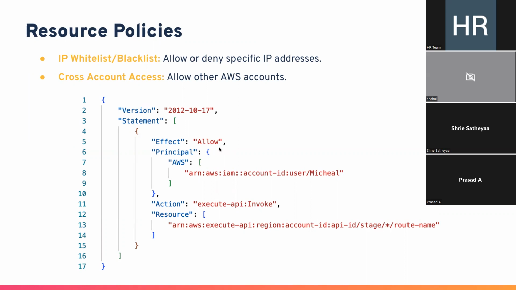In this example, we are allowing the user Michael, residing in this account ID, to invoke this particular API Gateway. This is a sample resource policy applied to the API Gateway.